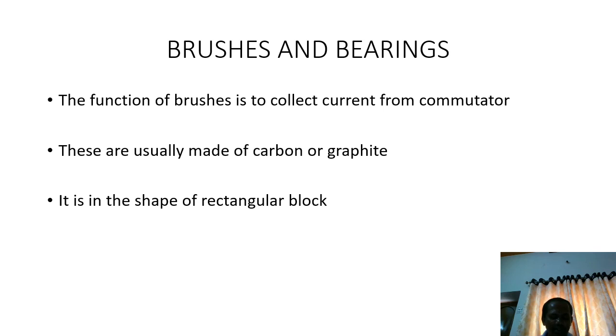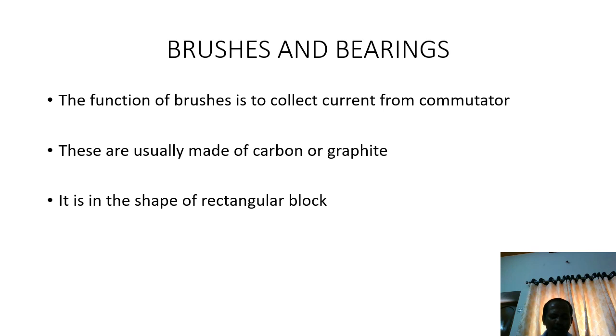What is the importance of brushes? The function of the brush is to collect current from the rotating commutator and deliver it to the external stationary load circuit.